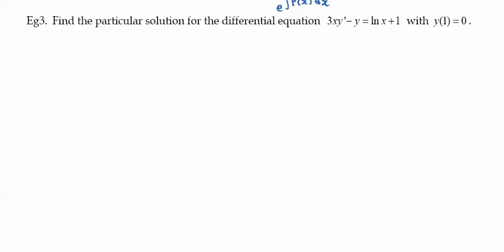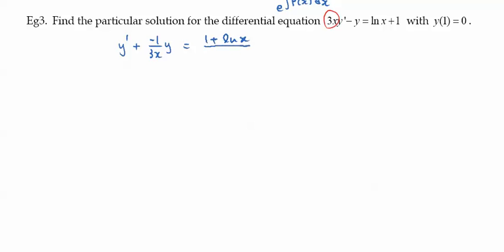I will solve this equation one step at a time and try to get rid of the 3x for now. As I divide 3x to the other side, this equation turns into y prime plus -1 over 3x of y equals ln x plus 1, or technically 1 plus ln x.